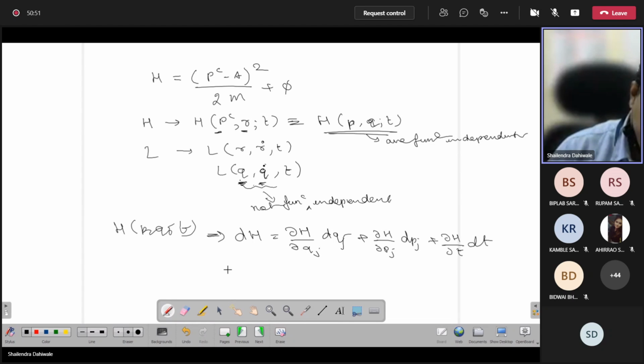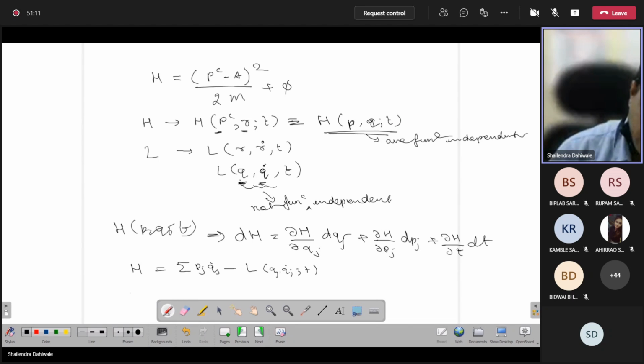And from the previous equation, we can write H as summation over Pj Qj dot minus L, where L is a function of Qj, Qj dot, and T.